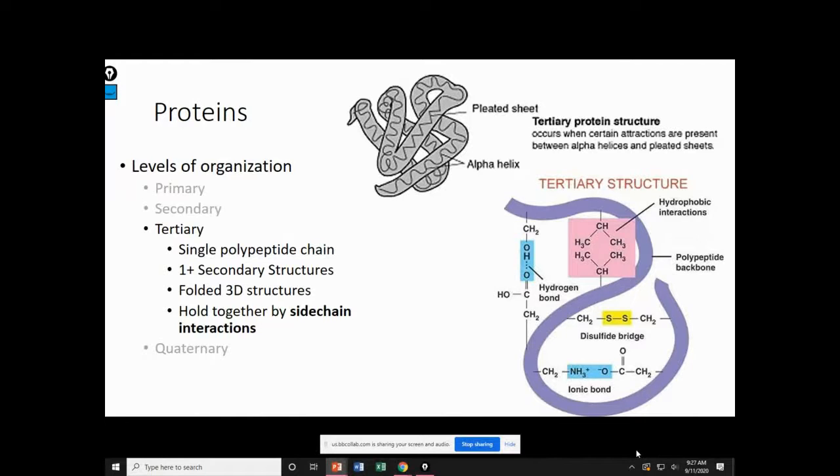We have a lot of variety of choices, so we just call them side chain interactions, because this can mean any number of things.